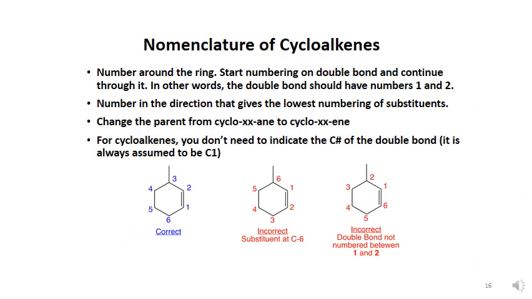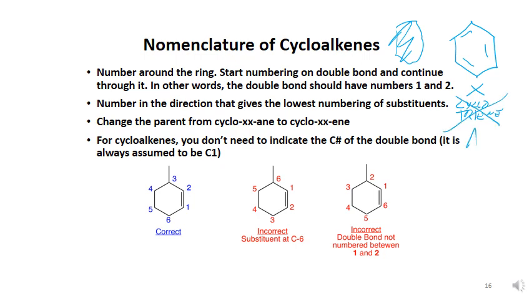Now let's talk about the nomenclature of cycloalkenes. Don't forget that 1, 2, 3, 4, 5, 6, this is not a cyclotriene. This is aromatic.